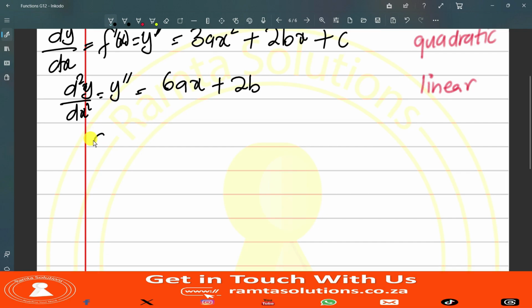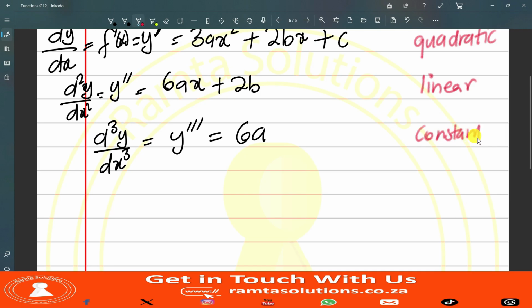Now let's proceed to the next one. If you like, you can call it d cubed y over dx cubed. It is y triple prime. In the same manner, it will be 6a. Now what is this? This is a constant line.